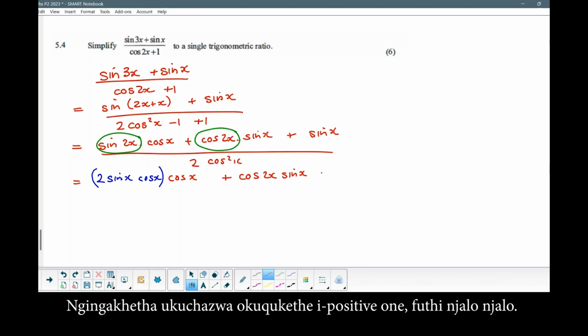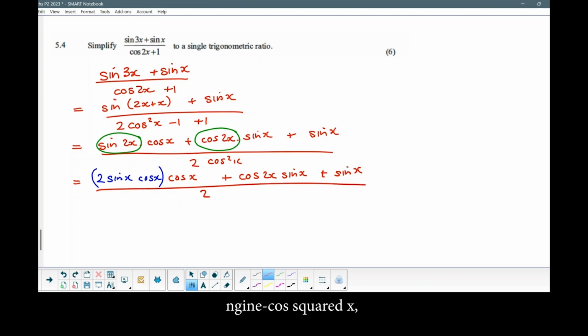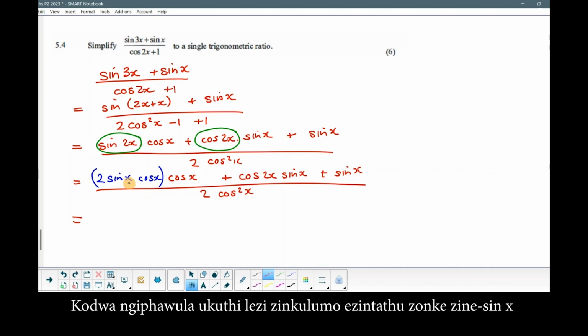Or if there's a negative 1 that appears, I can choose the expression that has a positive 1, and so on and so forth. Right, so then I have sine x there, and in the denominator, I've got 2 cos squared x. Right, so I'm going to take this as 2 sine x cos squared x. So there's a cos squared in there. But I notice that all 3 of these terms have a sine x.